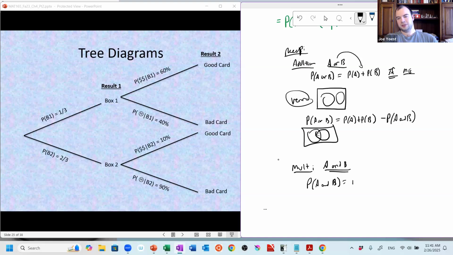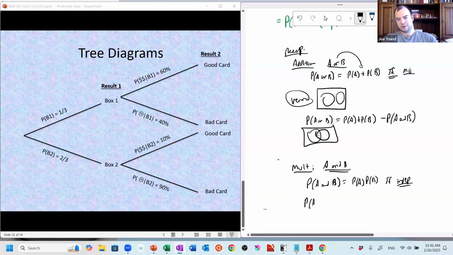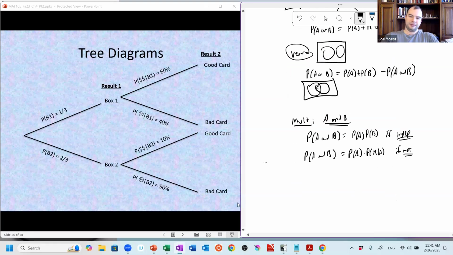Probability of A and B equals probability of A times probability of B if independent, or probability of A and B equals probability of A times probability of B given A if not independent, if dependent. I suppose we could use this for independent events, but I think it's most often used for dependent. For those, we have tree diagrams.